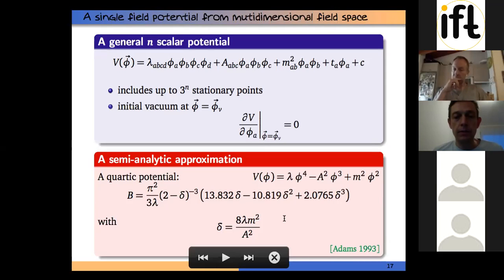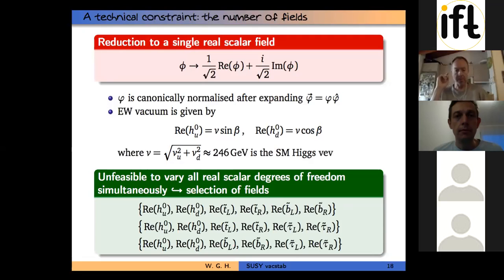And that's why we at the end decided to implement this number for the bounce, where you simply can feed in the parameters of the potential, and then you get a number, and you easily get your constraint on the tunneling time. However, still we are limited by the number of fields we can include, since the problem grows exponentially with the number of fields.